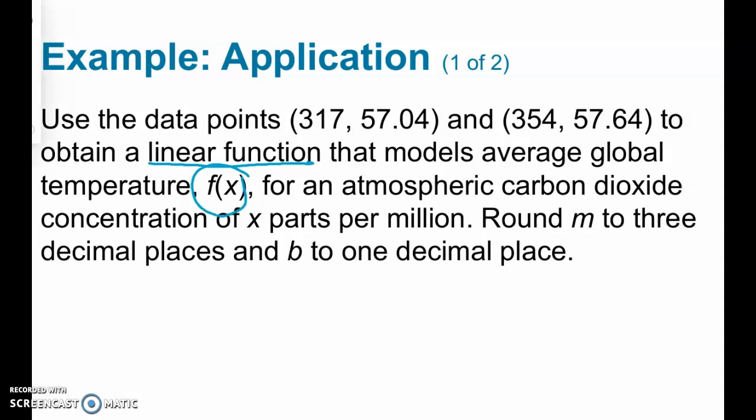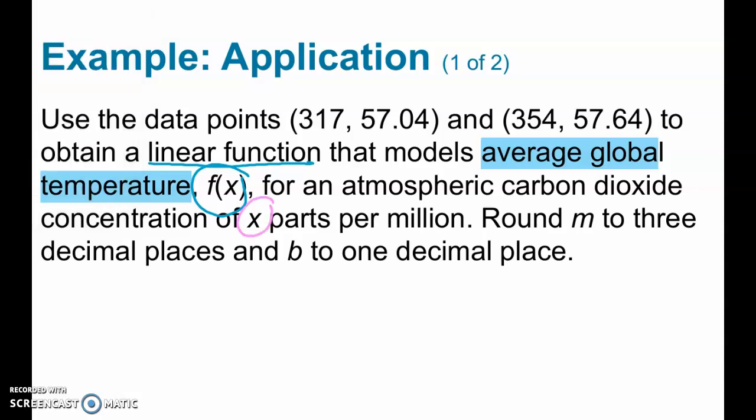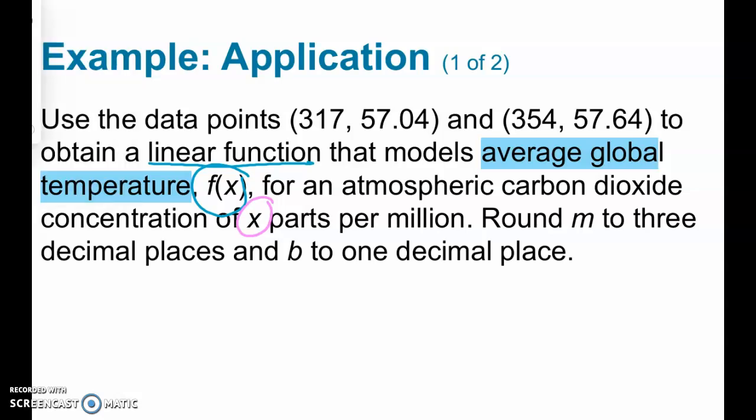So f of x, or my output, is the average global temperature for an atmospheric carbon dioxide concentration of x parts per million. So this right here, this is my x value.